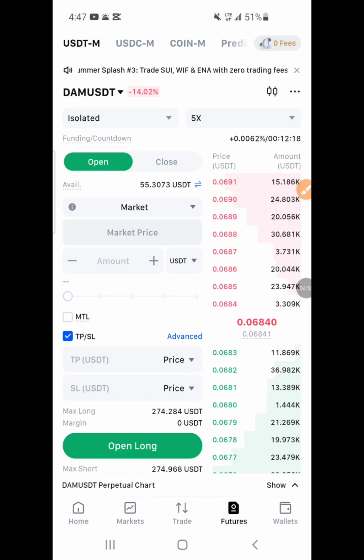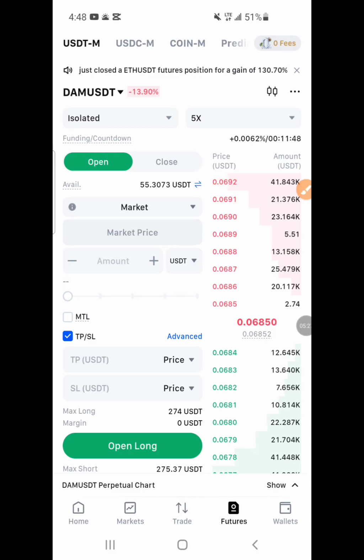So after setting it that it is going to go up, this 5x leverage simply means that if the trade happens to appreciate 1%, you are going to gain 5%. Okay, so if you enter the trade with $10, you are going to make 5% of 1% of price movement. I don't know if you understand.